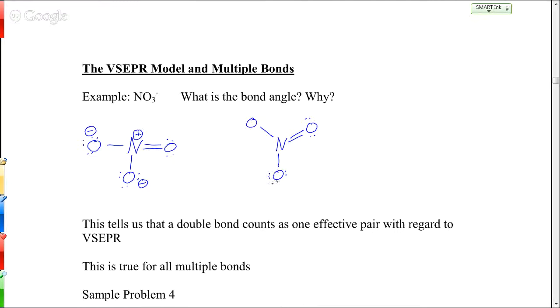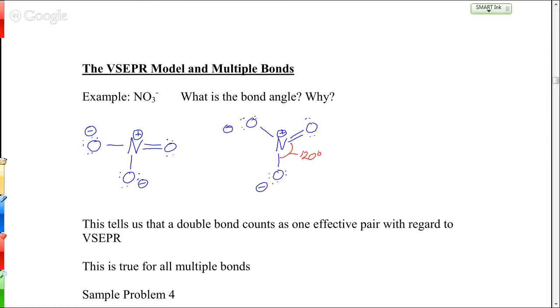And we can measure that, and we see that indeed it is. Those bond angles in the nitrate ion are 120 degrees. This also gives us evidence that there's resonance going on here, that it's not actually a double bond and 2 single bonds, but rather an average throughout the molecule. If it were a double bond and 2 single bonds, we would expect the double bond to repel a little bit more, just like a lone pair does, because of the more electron density.